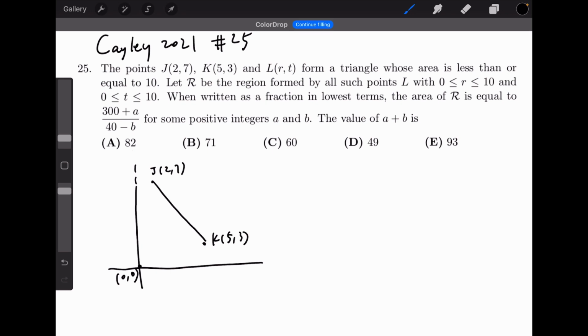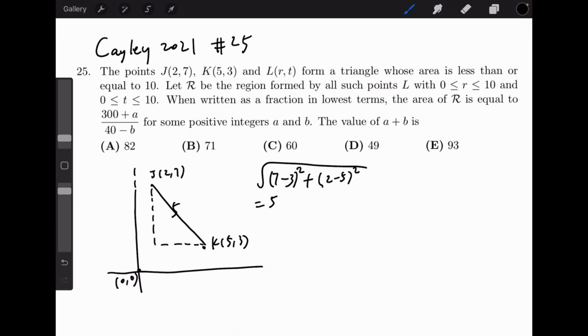And we can use the Pythagorean theorem to get the length of JK, which is the square root of (7 minus 3) squared plus (2 minus 5) squared. And this gives us 5.